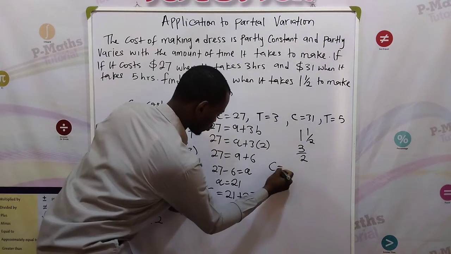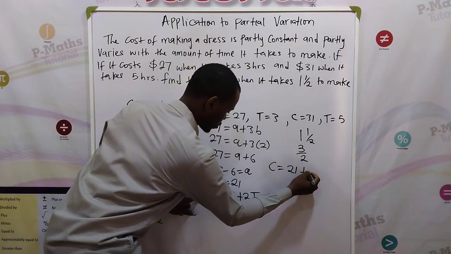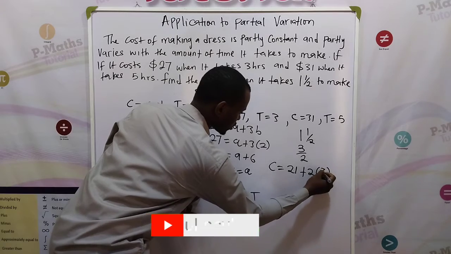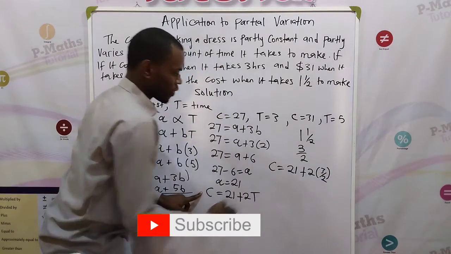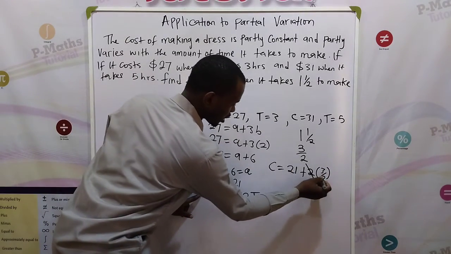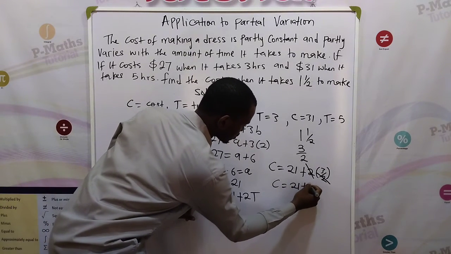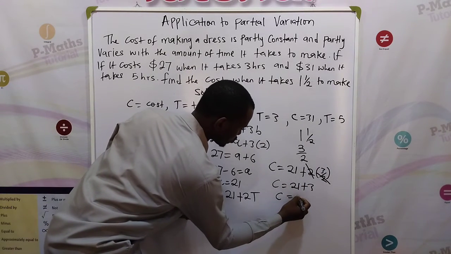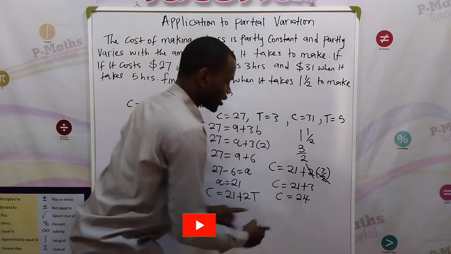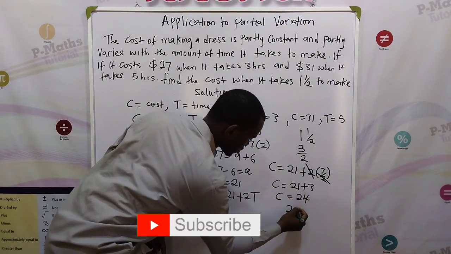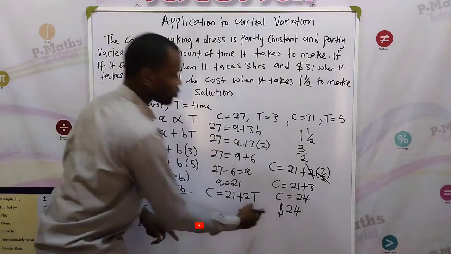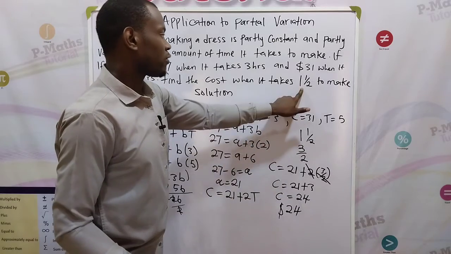So we'll have C equal to 21 plus 2 times 3 over 2. Then we can simplify here. 2 takes away 2, we have 3. So C is equal to 21 plus 3. C will be equal to 24. So it takes $24 to make a cloth in 1.5 hours.